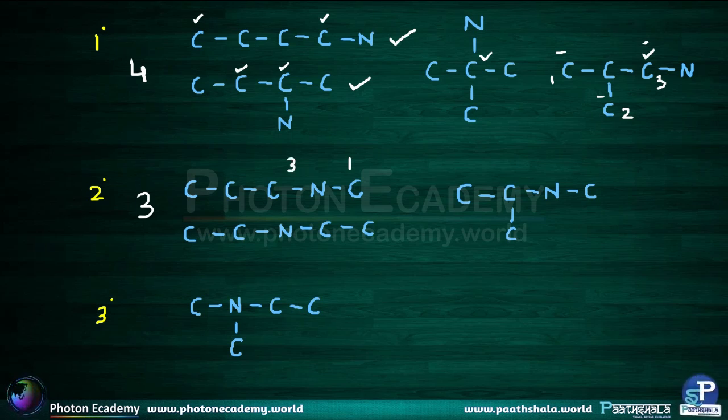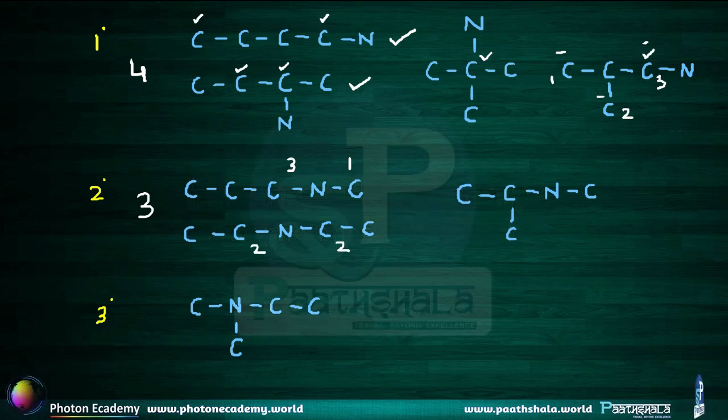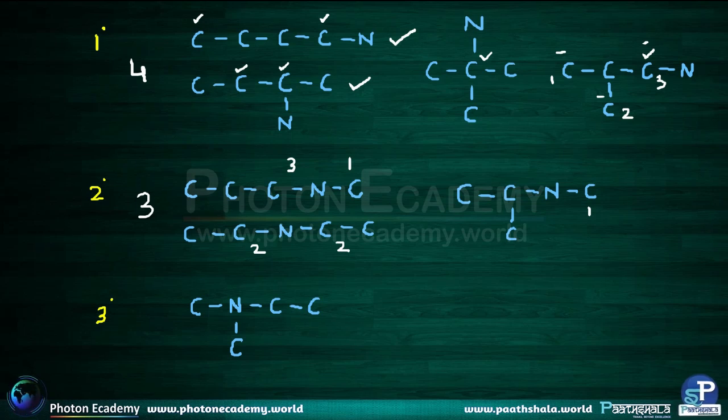The second possibility of 2 degree amine is that both groups of carbon atoms linked to the nitrogen atom have two carbon atoms each. The third possibility is that one group contains only one carbon atom, but the second group contains three carbon atoms, but this is linked in a different manner.